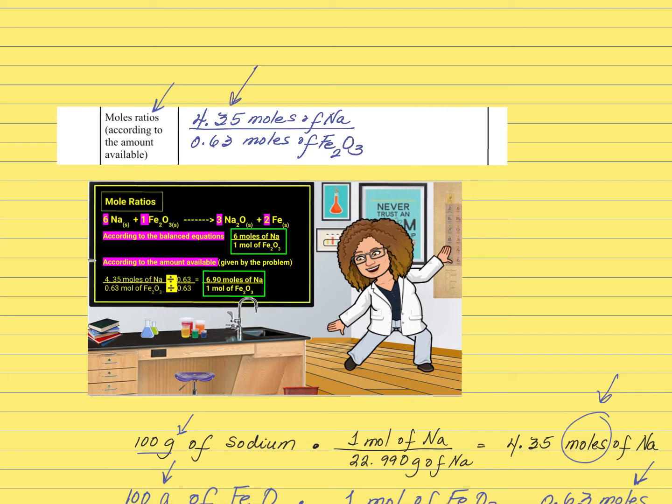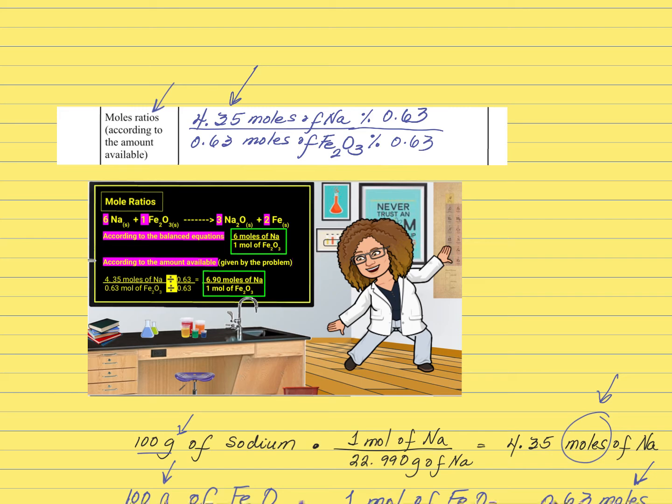Now, this relationship is not giving me clear information. That's why I'm going to divide the numerator and the denominator by the smallest number, so I can see that better.